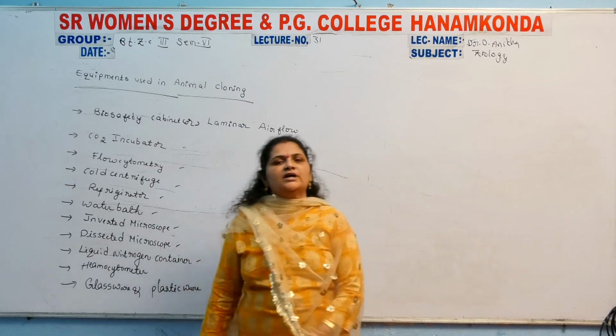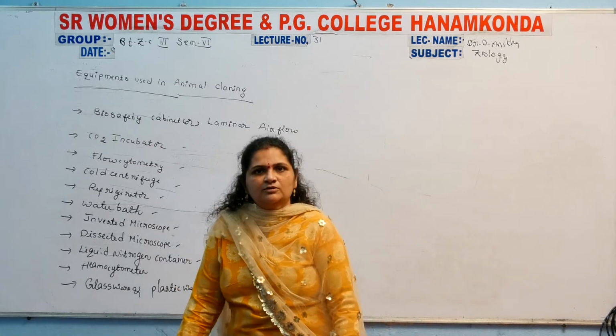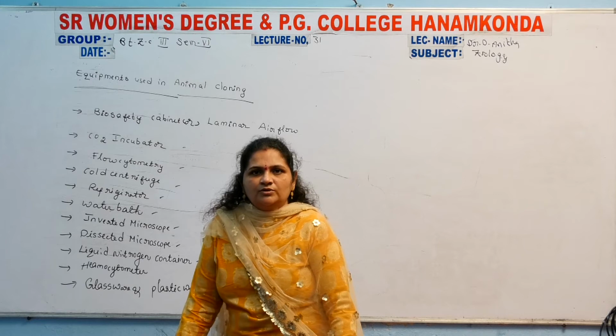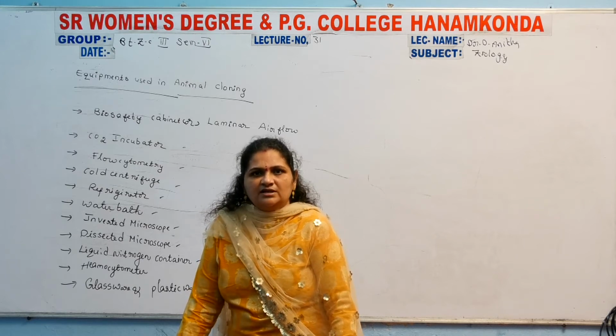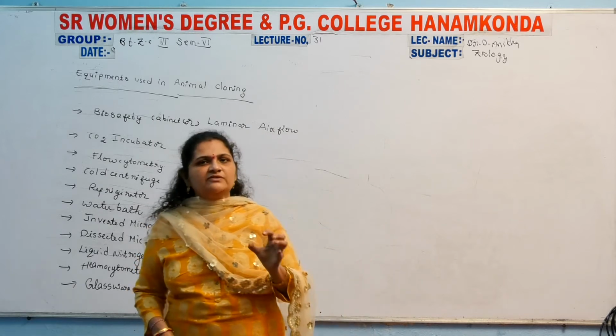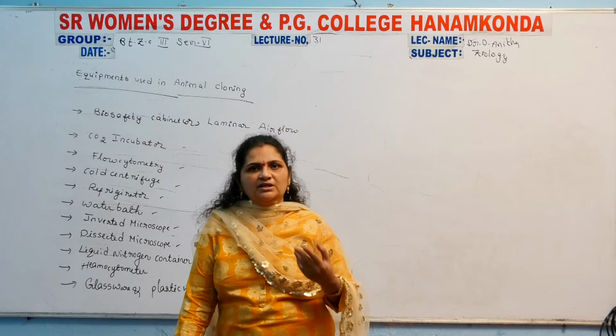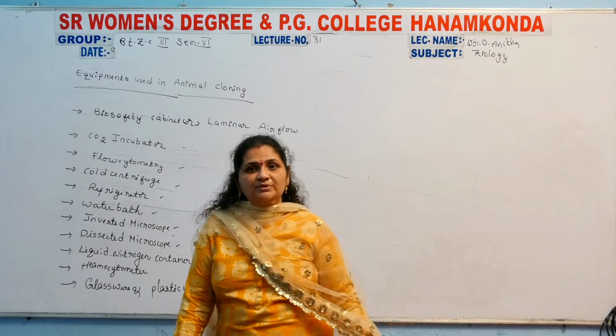These are the equipment which are helpful and which are used in animal cell cloning. Animal cell cloning takes place in specific labs, and different types of equipment are needed for animal cloning.